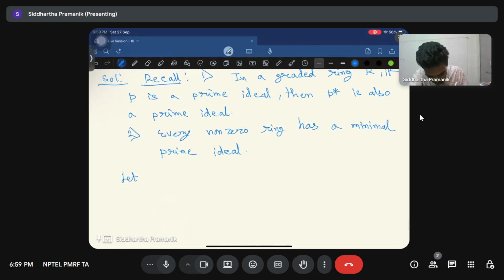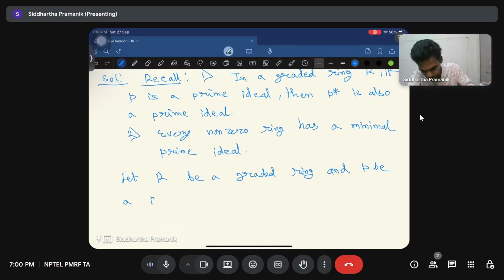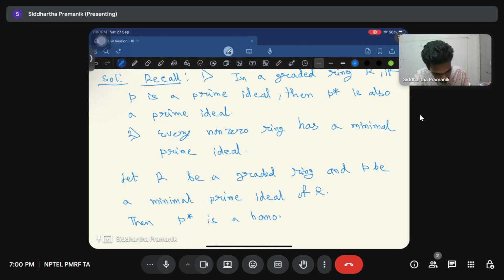Now let R be a graded ring and P be a minimal prime ideal of R. Then P star is a homogeneous prime ideal of R.